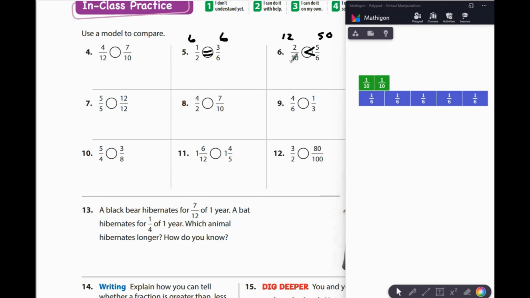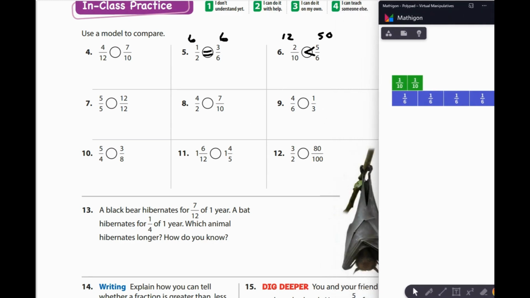You can also draw it out. Let me make some more space here. I want to show you guys different ways that you can get the answer. So now I'm going to divide this into tenths.